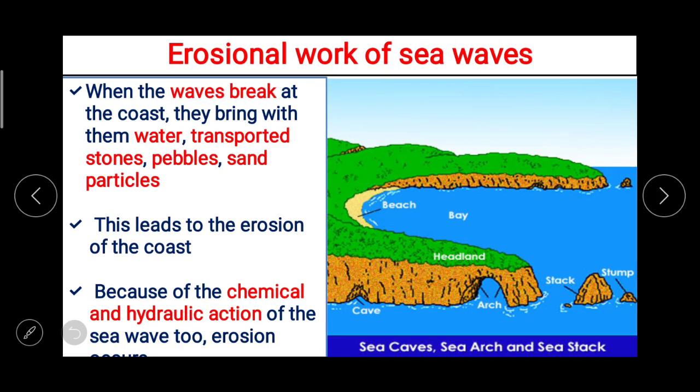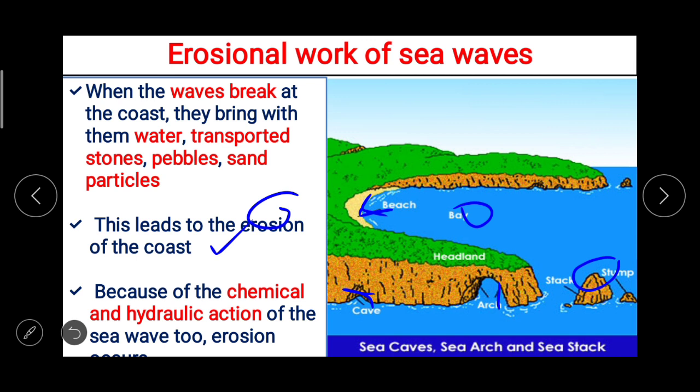Next thing, when the waves break at the coast, they bring with them water, transported stones, pebbles and sand particles. This leads to the erosion of the coast, and because of the chemical and hydraulic action of the sea waves too, erosion occurs. Now, here you can see beach, bay, stack and stump, cave, arch, that we will see in detail.